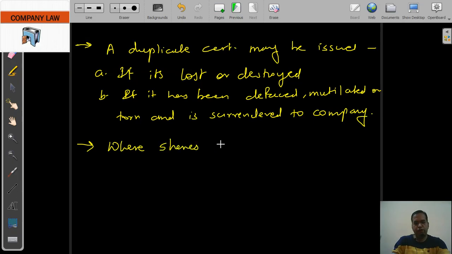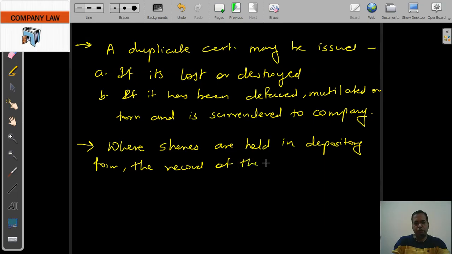Where shares are held in depository form, the record is prima facie evidence.